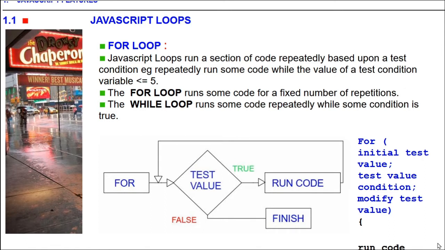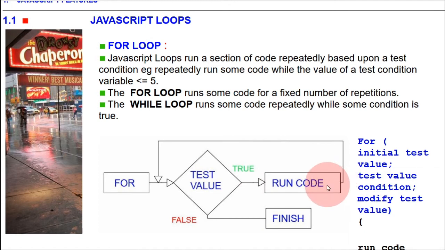So looking at this diagram below, we can see that it starts off with the for command, the for loop, and we do a test. For example, we test the value of x, and if it's valid, so if x equals 1, 2, 3, 4, 5, we run the code.